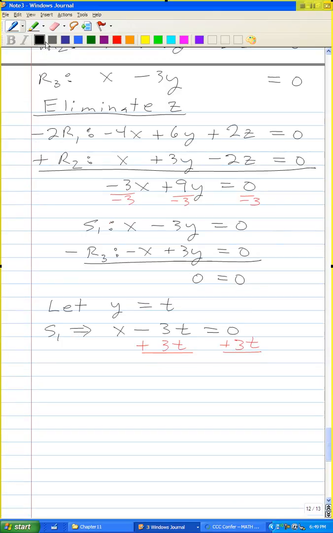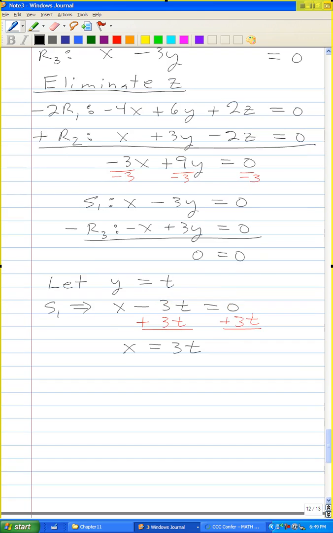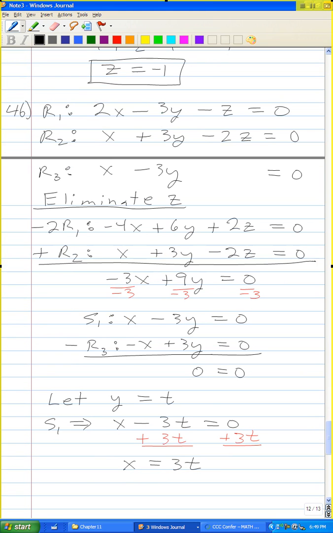And so x is equal to 3t. Okay, good. Let's use, I don't care which one, let's say R2.